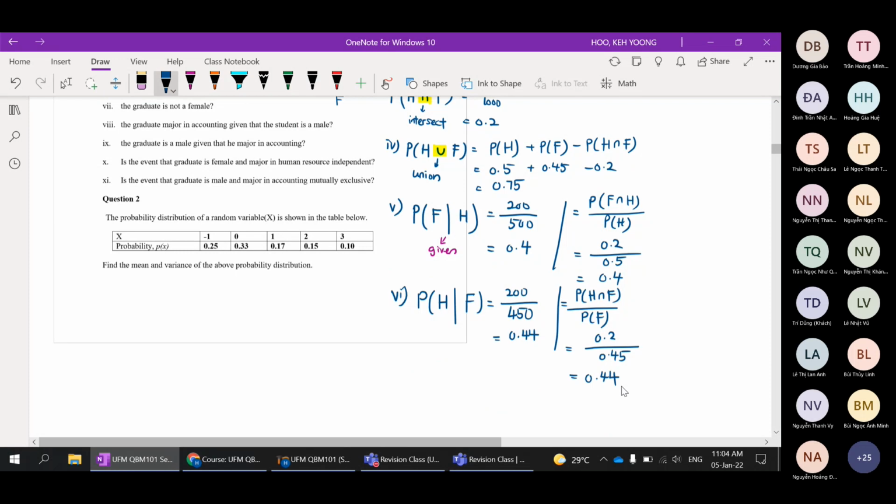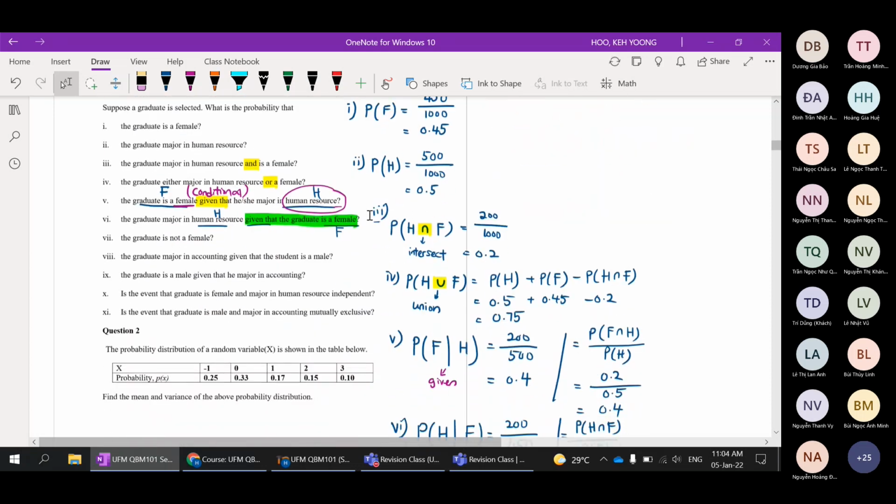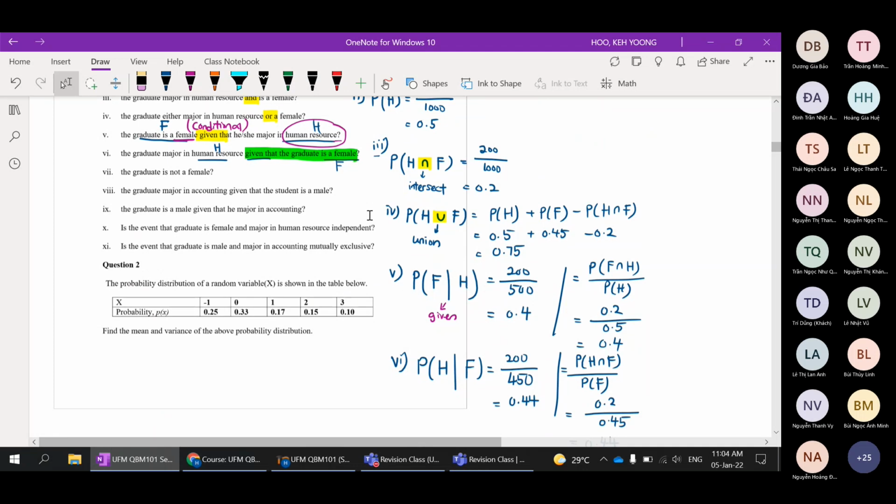Okay, so if you compare question 5 and 6, what can you tell? We can tell that the probability of A given B is not equal to B given A. So F given H is not the same as H given F, because we are dividing by a different total.